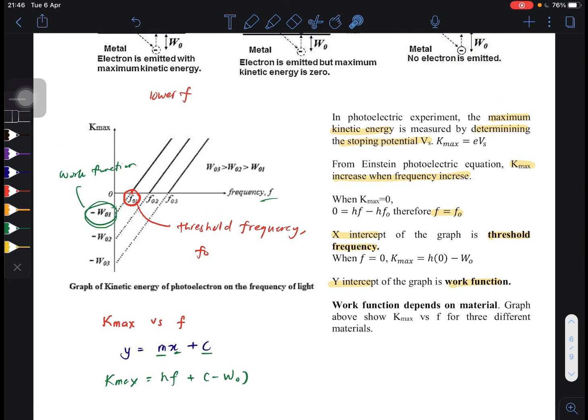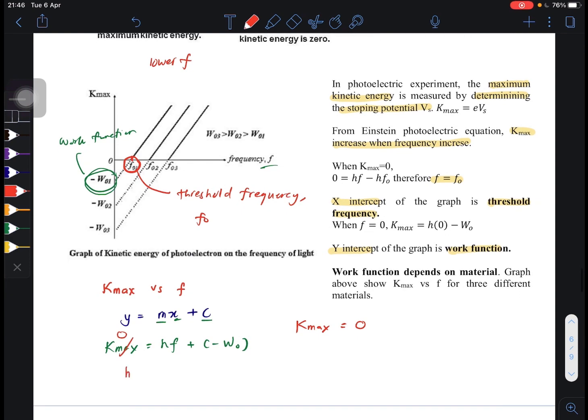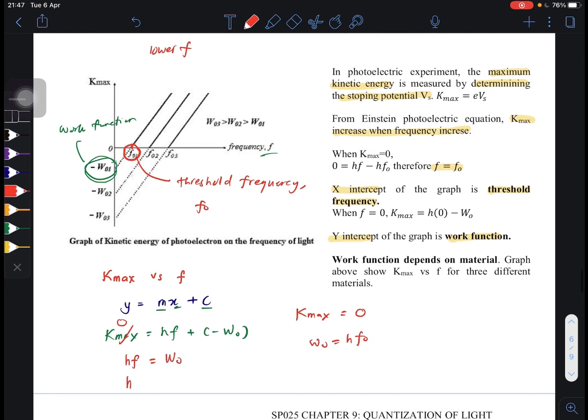So from here, if the Kmax is kosong, kinetic energy sama dengan kosong, bermaksud hf is equal to work function, di mana work function adalah hf0 kan. So hf will be equal to hf0, di mana this one you just cancel.